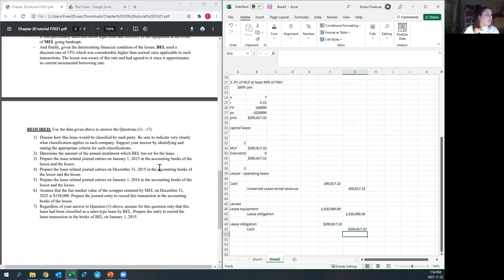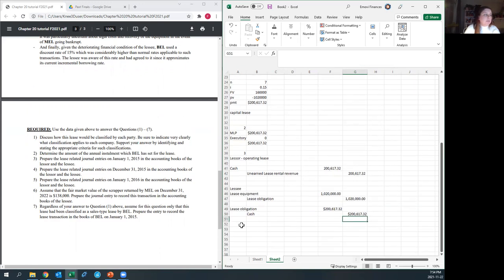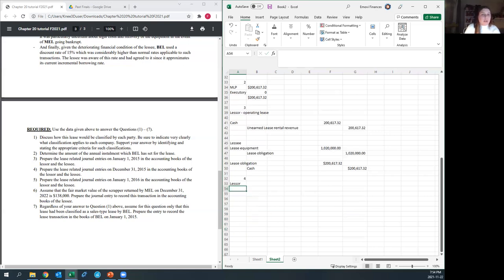Then prepare the lease-related journal entries on December 31st, 2015 for both the lessor and lessee. For the lessor, they're going to recognize their lease revenue. So unearned lease rental revenue of the 200,000, and then lease rental revenue of the same amount.